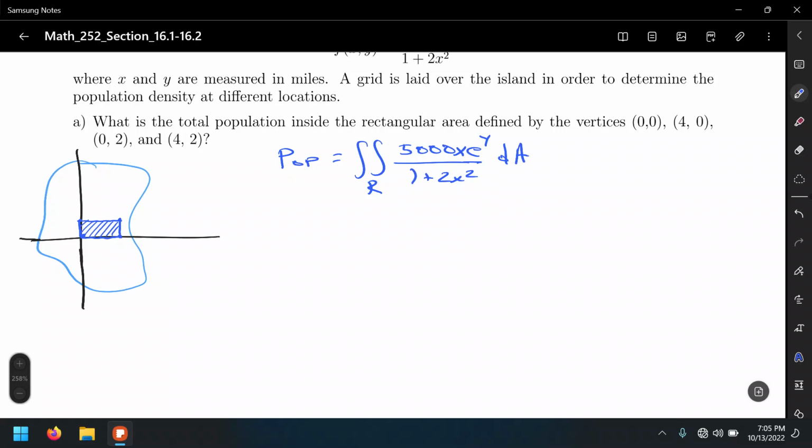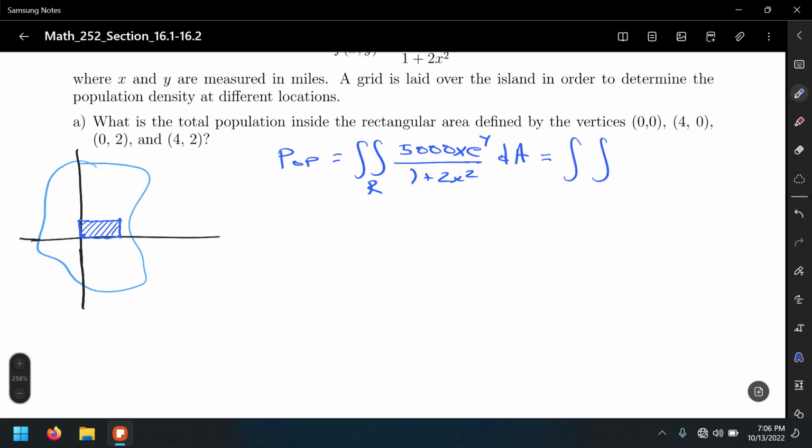So in this case we're going to decide which direction we are going to take. And if we look at this region, it's a rectangle, so there's no way to go wrong with either defining it as a vertically simple region or a horizontally simple region. But typically we go in the order dy dx. So we're going to treat this as a vertically simple region.